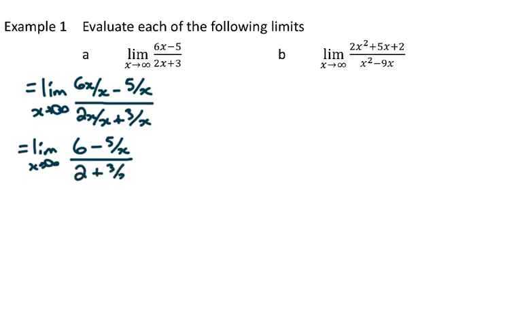Plus, and again, 3 over x, we actually cannot do anything with. At this point, we can now actually substitute in the infinity for x, so 6 minus 5 over infinity over 2 plus 3 over infinity.